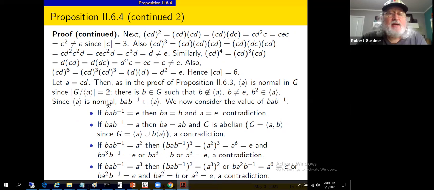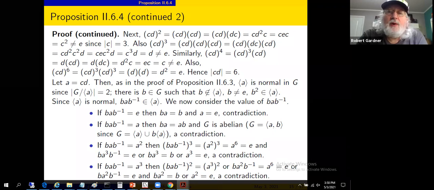So the group generated by A is normal. So if we take BAB inverse, then that'll have to give you an element of that normal subgroup, one of the pieces of the definition of normal. So BAB inverse is in this group generated by A. That means BAB inverse is some power of A. Which power is it?